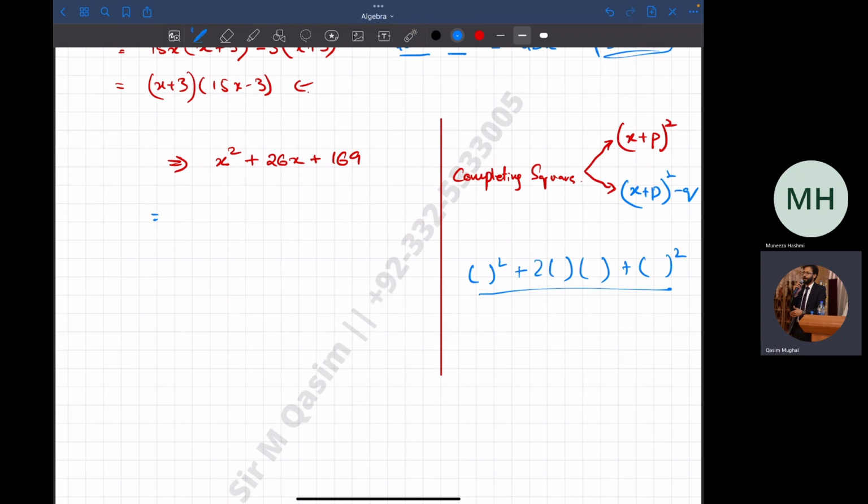So you know it's going to be the first identity, which is a plus b whole square. For example, if it would have been minus 26x, then it would have been a minus b whole square instead. In this case, it's plus, so I'll be using the first identity. So I know it's going to be x plus something whole squared.